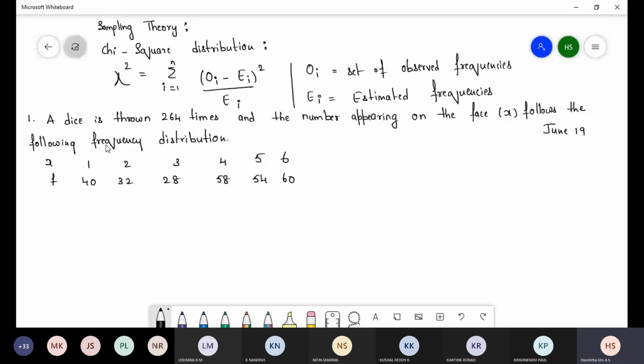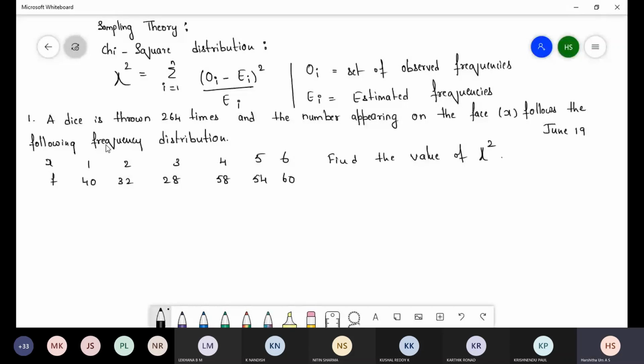Find the value of chi-square. If the question is like this, then we should not check greater than or equal to a given number, because they have not given any approximate chi-square value.